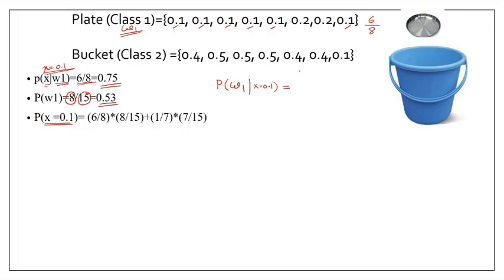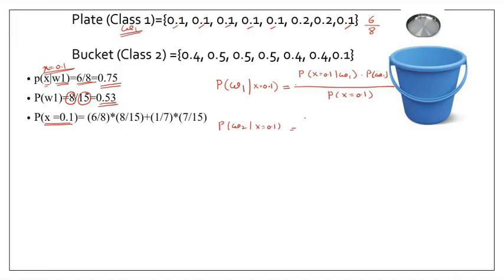So what I do, I just find out probability of x is equal to 0.1 given omega 1 into probability of omega 1, divided by probability of x is equal to 0.1. Then I can compute probability of omega 2 given x is equal to 0.1.